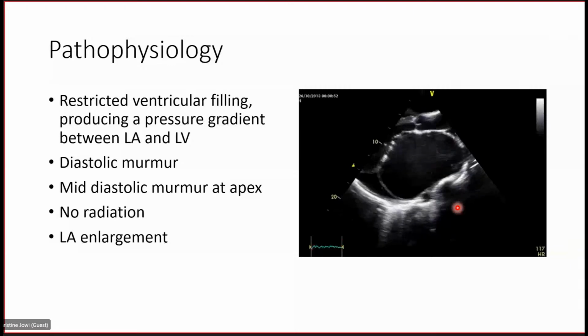Recurrent infections, think outside the box. Outside the box, examine the heart. Okay? So they present very differently with multiple presentations.